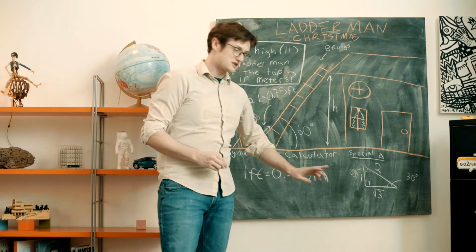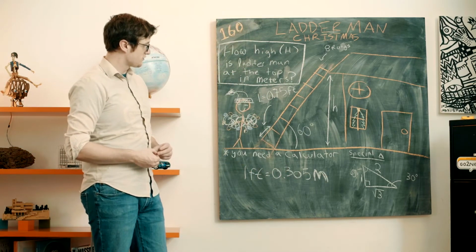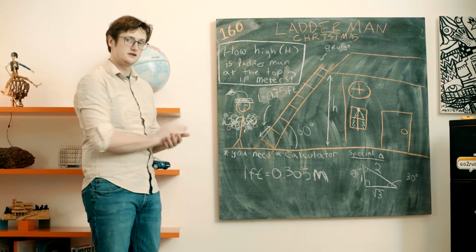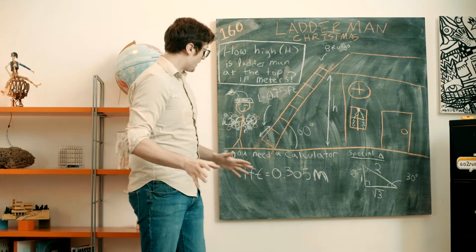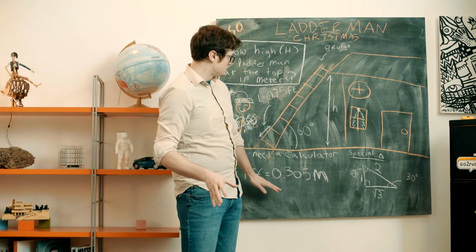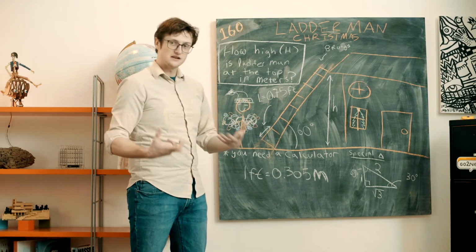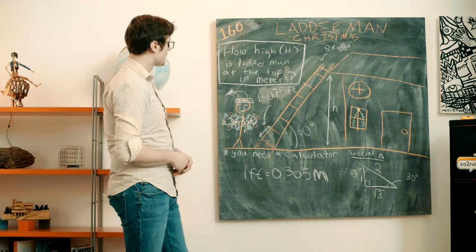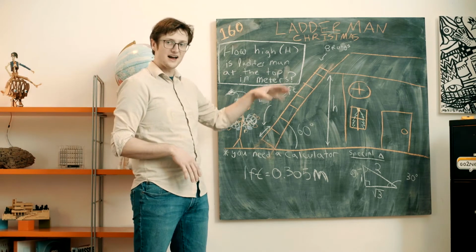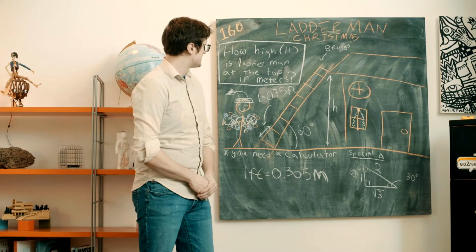So 1 foot is approximately 0.305 meters. Hopefully with this conversion, the special triangle, and the information in our problem, we have enough to solve this problem and figure out how high off the ground Ladderman is going to be.